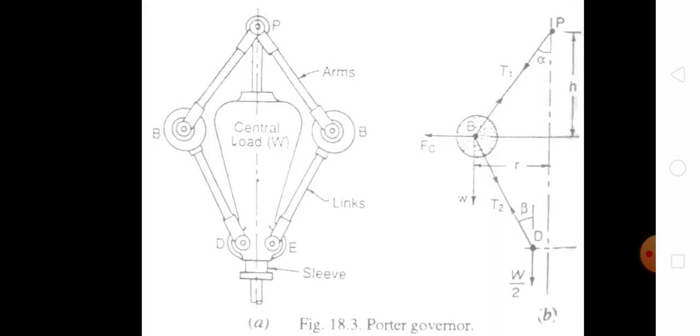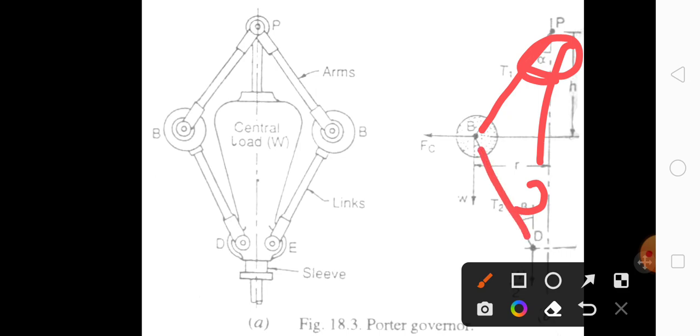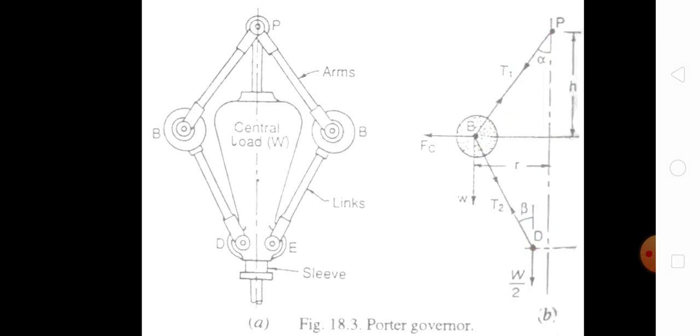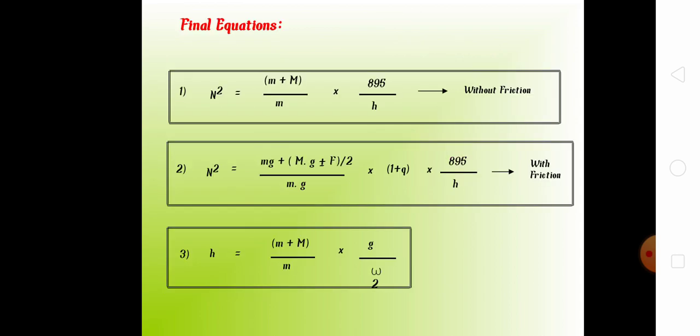This alpha is the angle of inclination of this upper arm to the vertical, and beta is the angle of inclination of the lower arm to the vertical. We use two new quantities, alpha and beta, and T1 is the force on the arms, in Newtons, and T2 is the force in the link, in Newtons. Now we will see the derivation here.